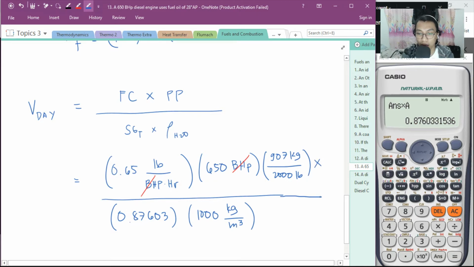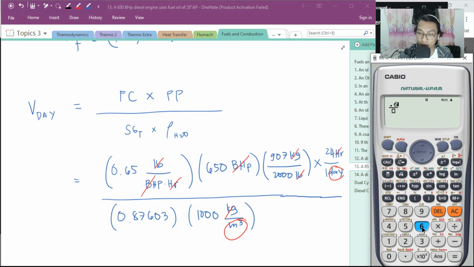Ilang hours ba per day? So, you have 24 hours in every day. Diba? Day tank nga eh. Pag-uusapan natin. So, cancel natin yung same units. The pound, kilogram, hour. So, ang natira is cubic meter per day. Okay. We can now solve for the answer.